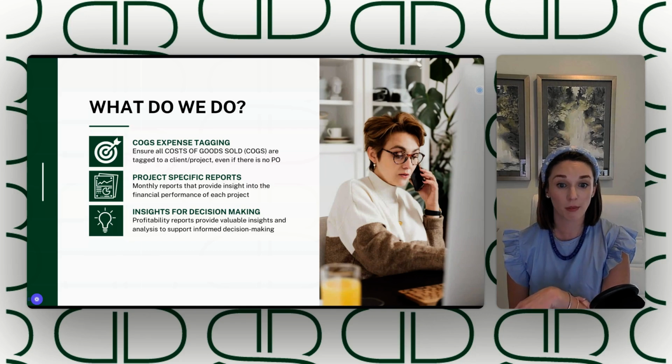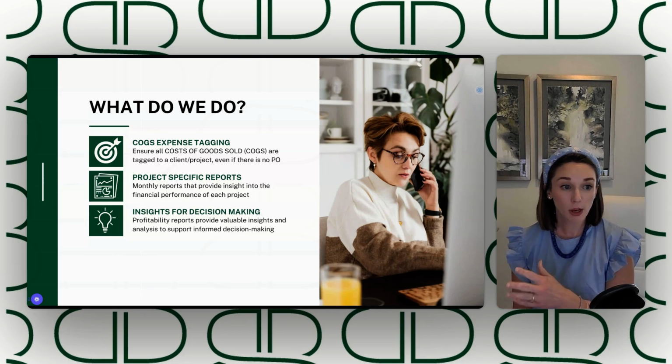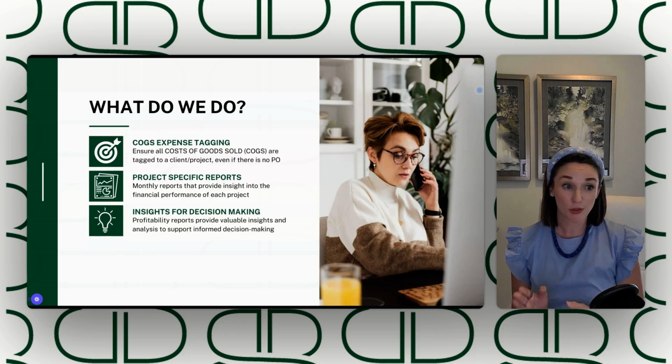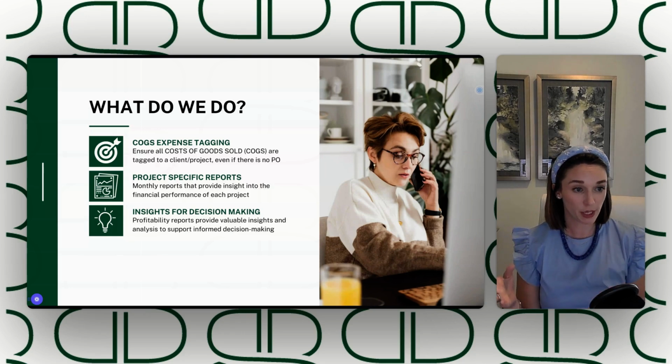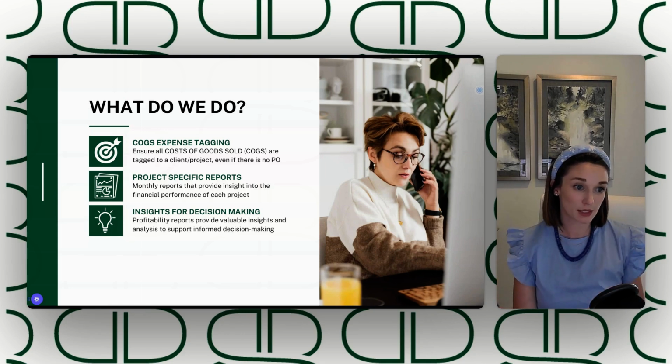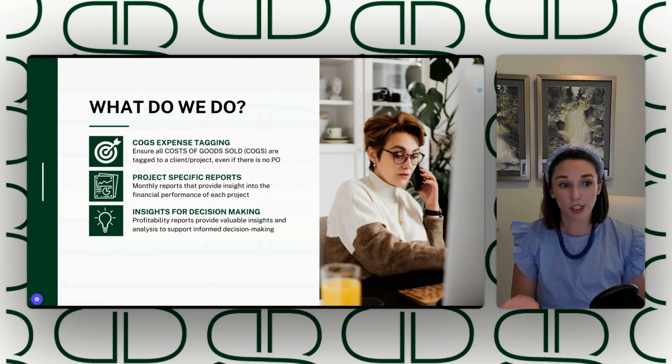Then we provide project-specific reports that show you the revenue, COGS, and expenses, and so then you have that net profit number for each project. And we help you walk through what that means. Where is there a gap? Where are you not making money? Did you lose money on shipping because you're doing flat rate shipping and things are more expensive in a post-COVID world, and so you need to increase your flat fee shipping percentage?